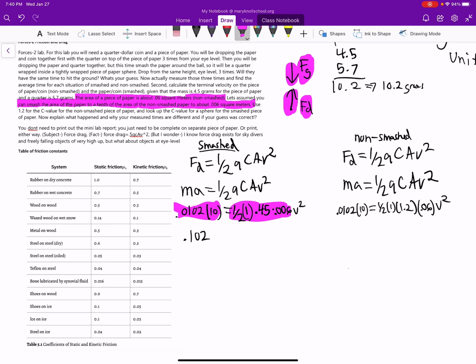One half multiplied by 0.45 times 0.006. And I get 0.00135 v squared. I'm going to divide both sides by 0.00135.